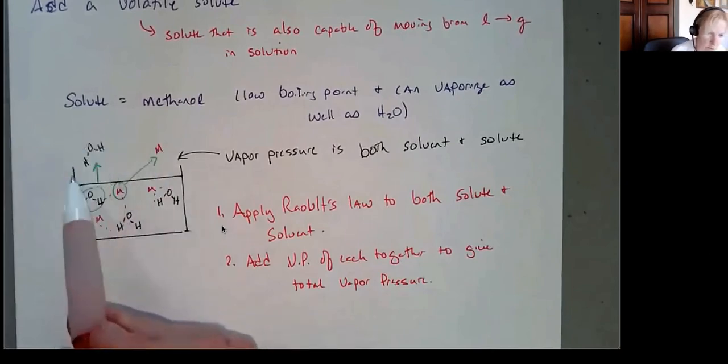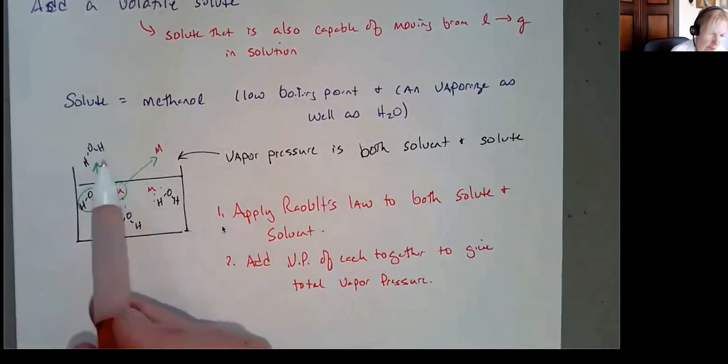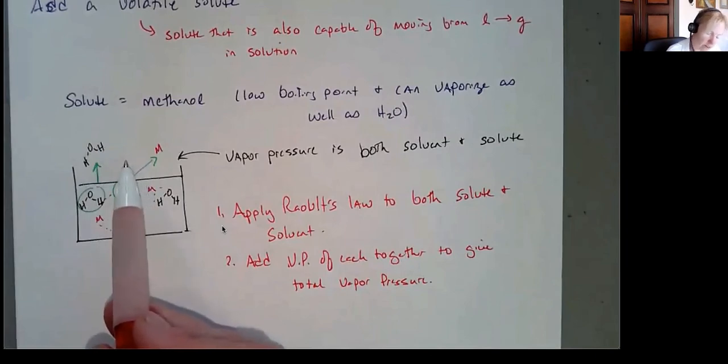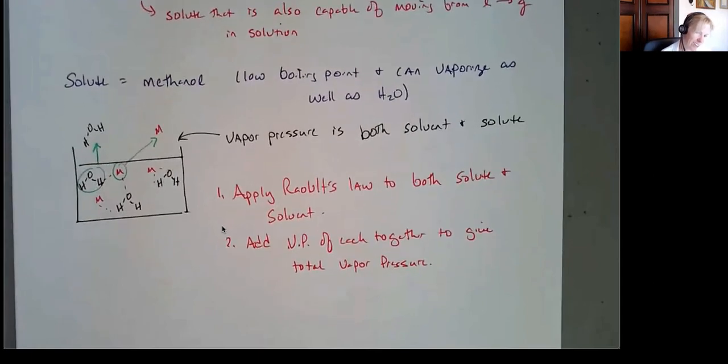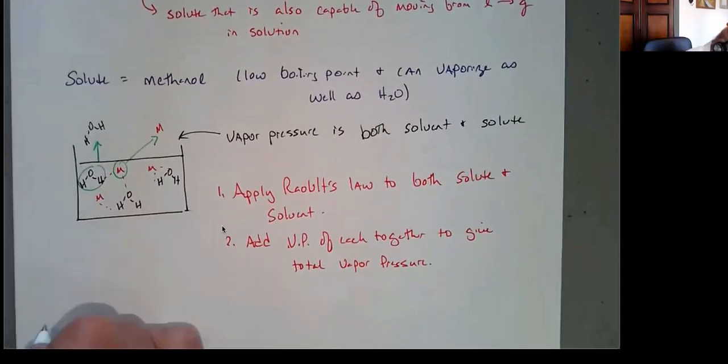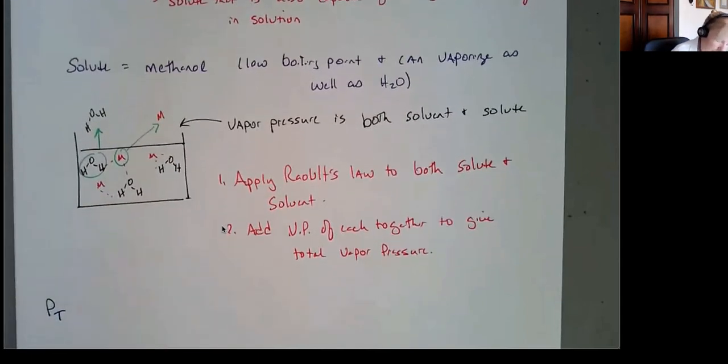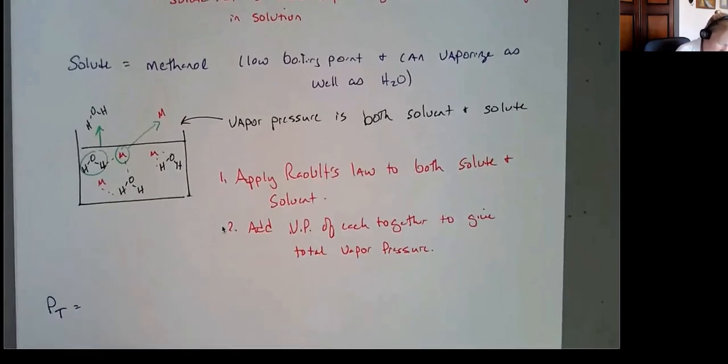I'm going to consider water by itself. Then I'm going to add both of those vapor pressures together, and that should give me the total pressure here. Because remember, Dalton's law of partial pressure: the total pressure of a system is equal to the sum of the pressures of the individual components of that system. So in this case, it would be the partial pressure of water plus the partial pressure of methanol.